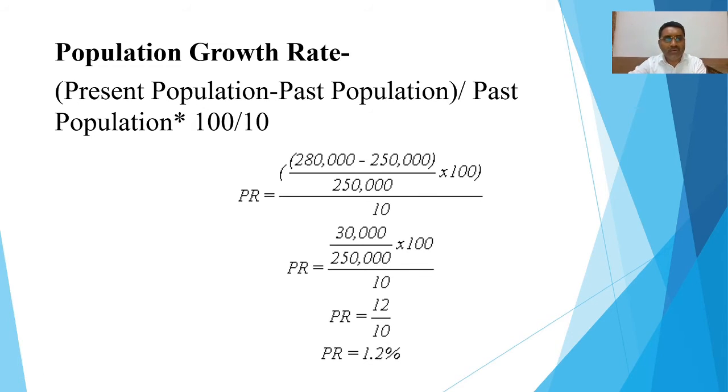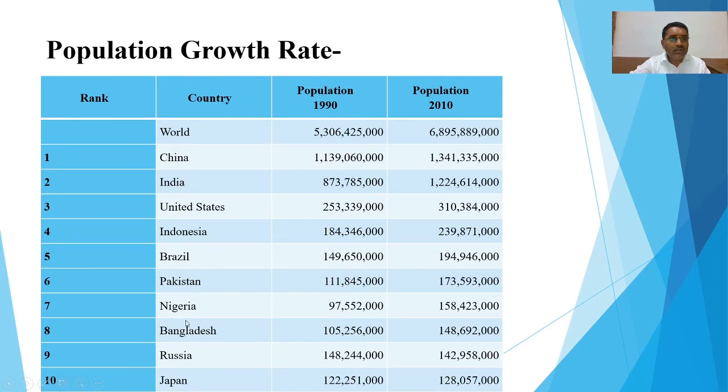Let us see how we can calculate population growth rate whenever there is data. So this is the rank from the world to the various countries. The world's population in 1990 and the population in 2010 are given in figures.